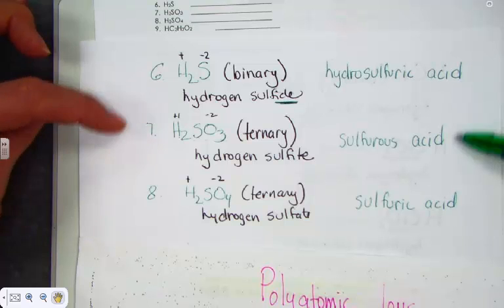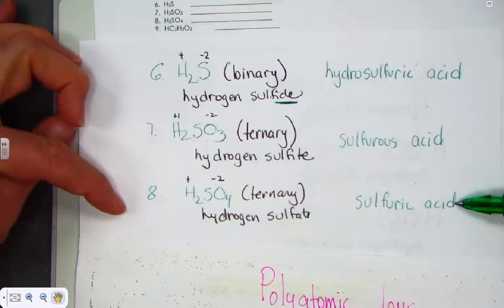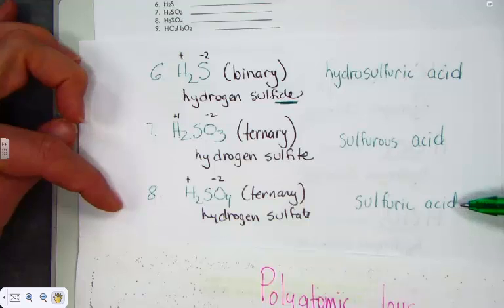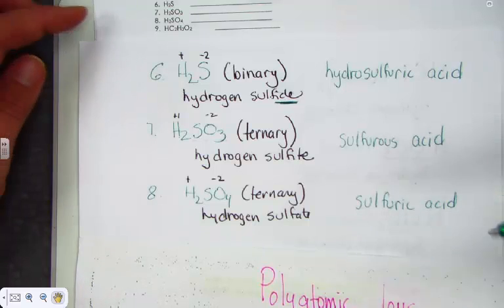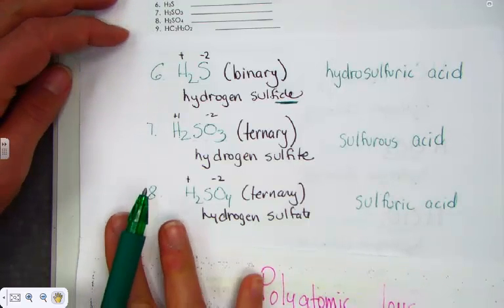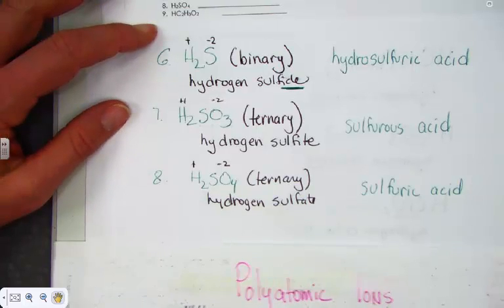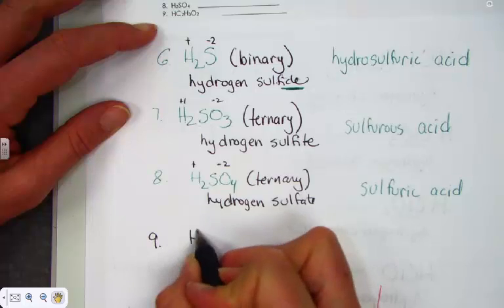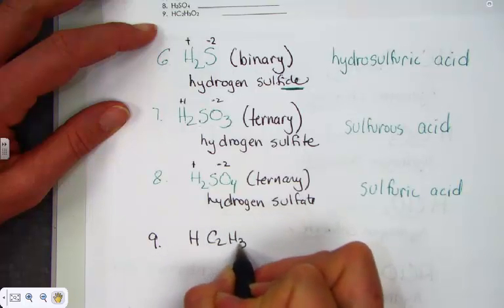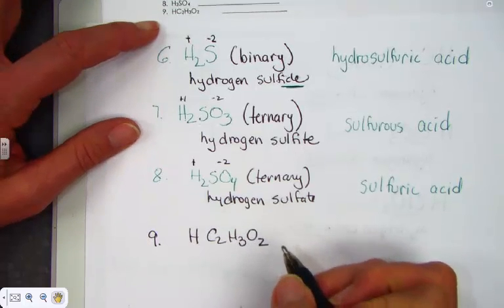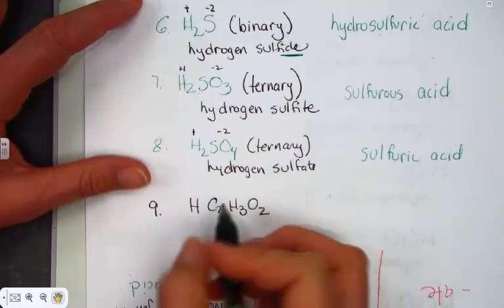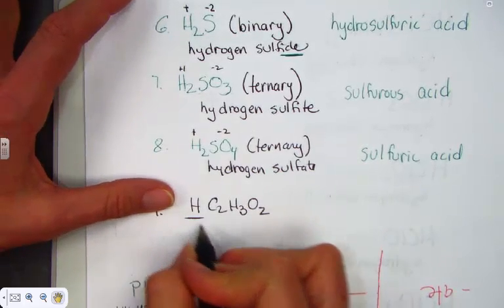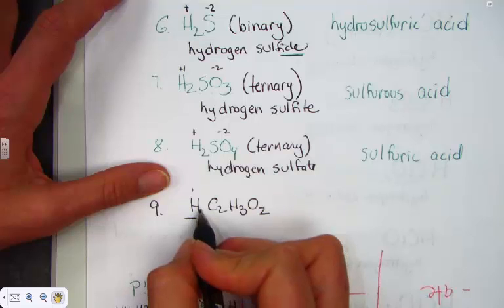Hydrosulfuric, binary. Sulfurous, sulfuric are ternary acids with sulfur as its base element. And one more in this series, it's number 9. I see H, C2, H3O2. This hydrogen carries a +1 charge.